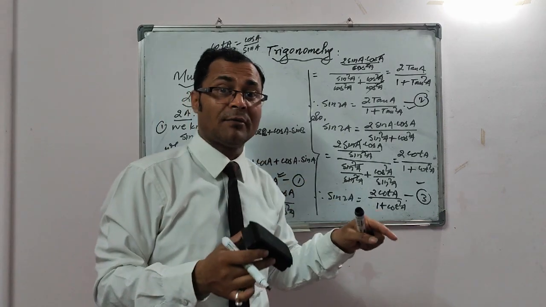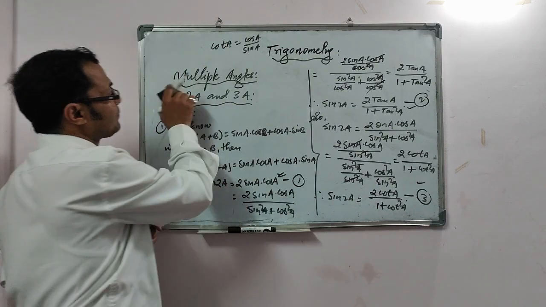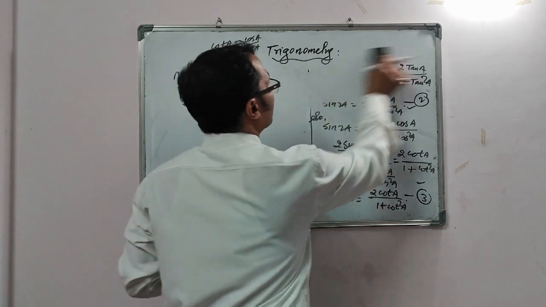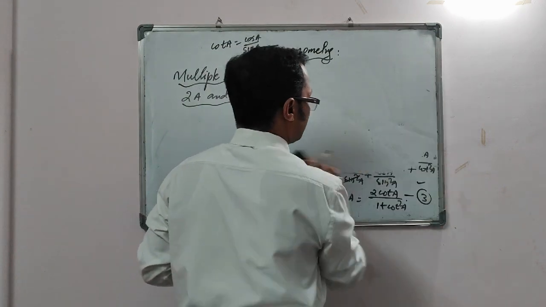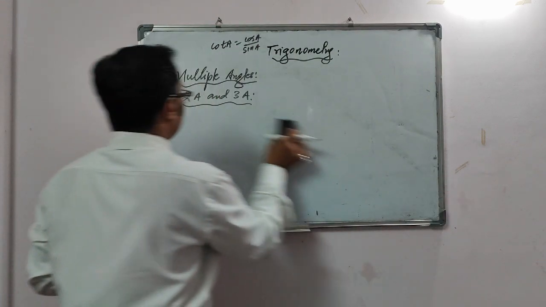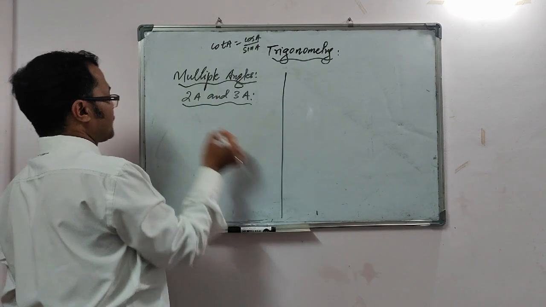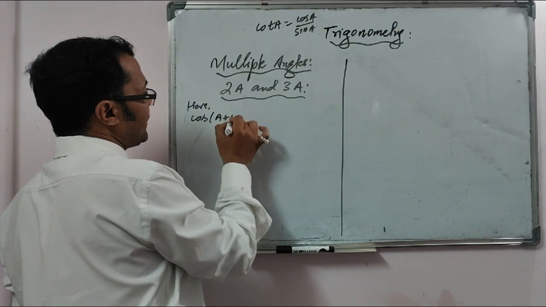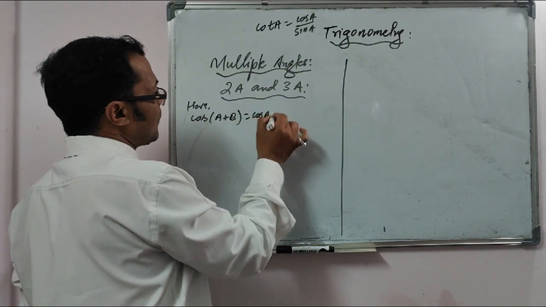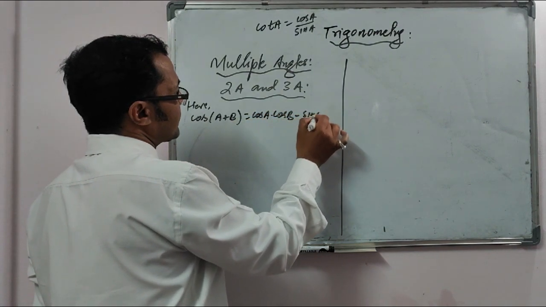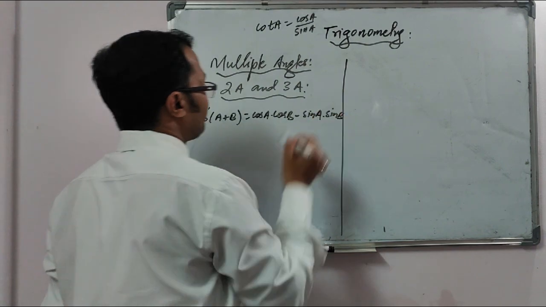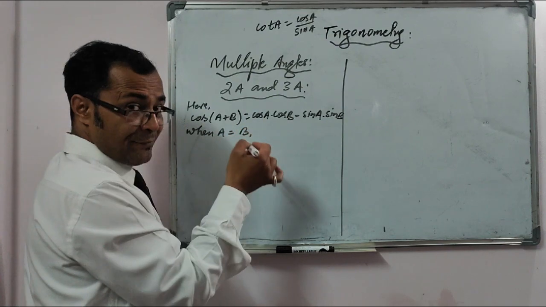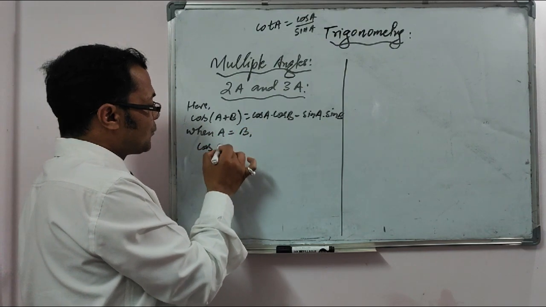Now I'm going to make the formula of cos 2A. Alright? Okay, let me rub this. Let's do it like this. Here, see carefully. You know, cos(A plus B) is cos A cos B minus sin A sin B. So when A is equal to B, just like before, what you're going to get is cos 2A, right?